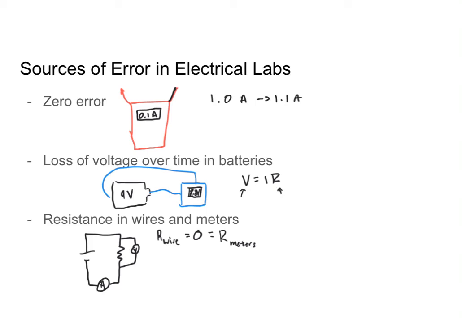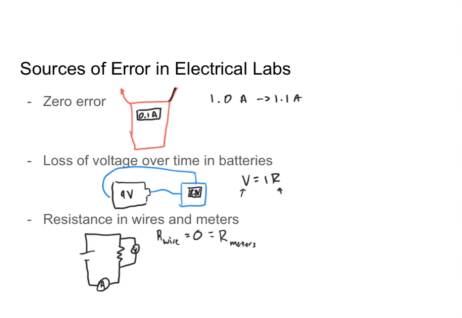So one thing you can do is try to reduce the amount of wire you're using. I can build a circuit with really long wires or really short ones. And given the choice, I'm going to want to make my circuit's wires as short as possible in order to reduce any of the voltage that's lost in those wires. Meters are a little more difficult to decrease the error in.